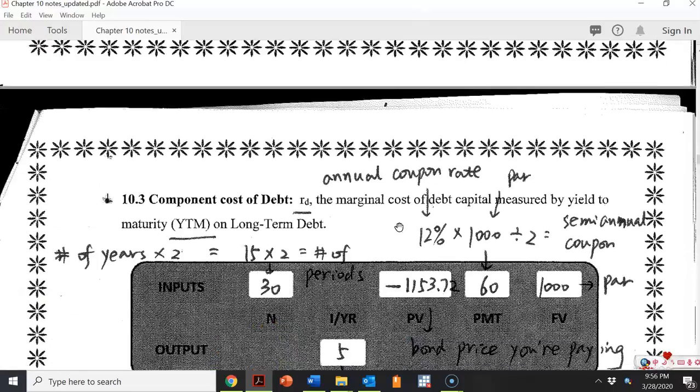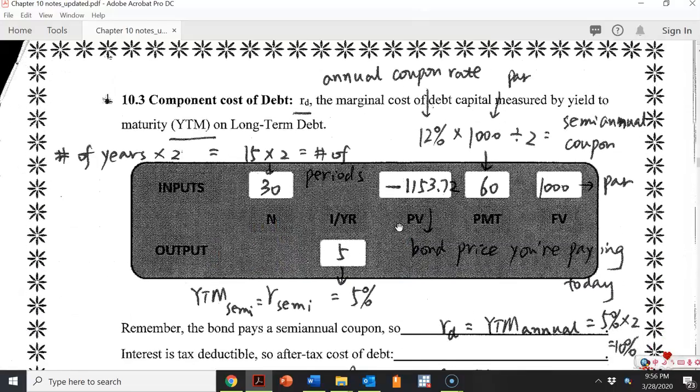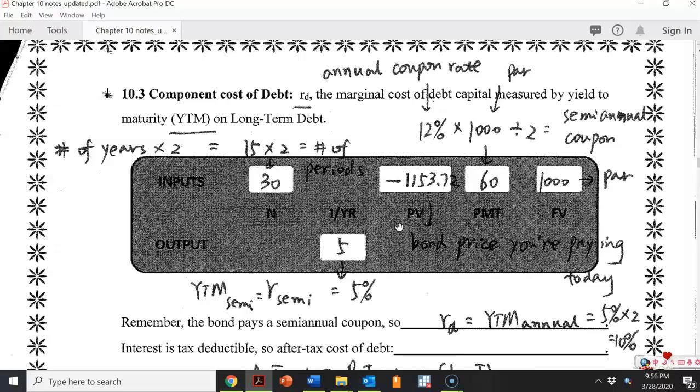Okay, so if you have tried on your own, let's look at the different sections of calculating different component costs for this firm. Let's first start calculating the component cost of debt, RD, the marginal cost of debt capital measured by yield to maturity on long-term debt.